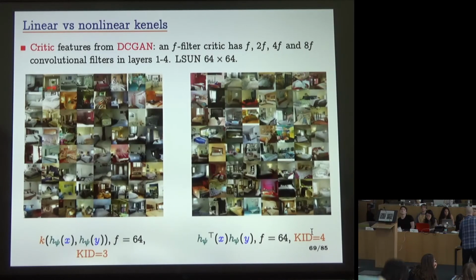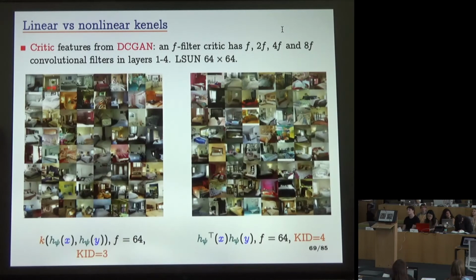This is using the DCGAN critic features, so the critic has F, 2F, 4F, and 8F convolutional features in layers 1 through 4. In these plots, F is 64, so these are reasonably powerful critic features. As far as this goes, it seems there's not a difference.